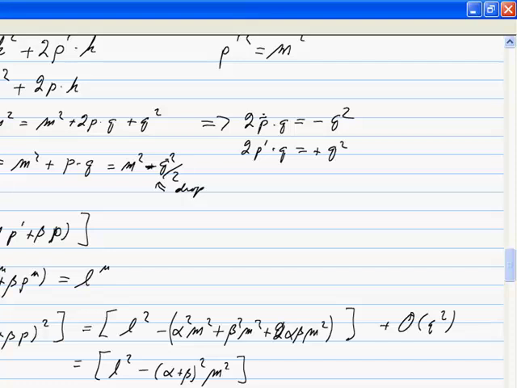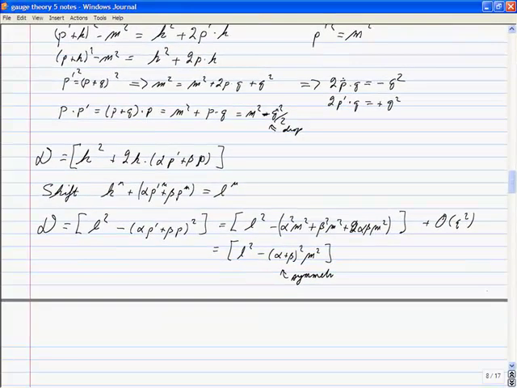Okay, good. I will use that this is symmetric in alpha beta in just a minute, so let's point it out. All right.